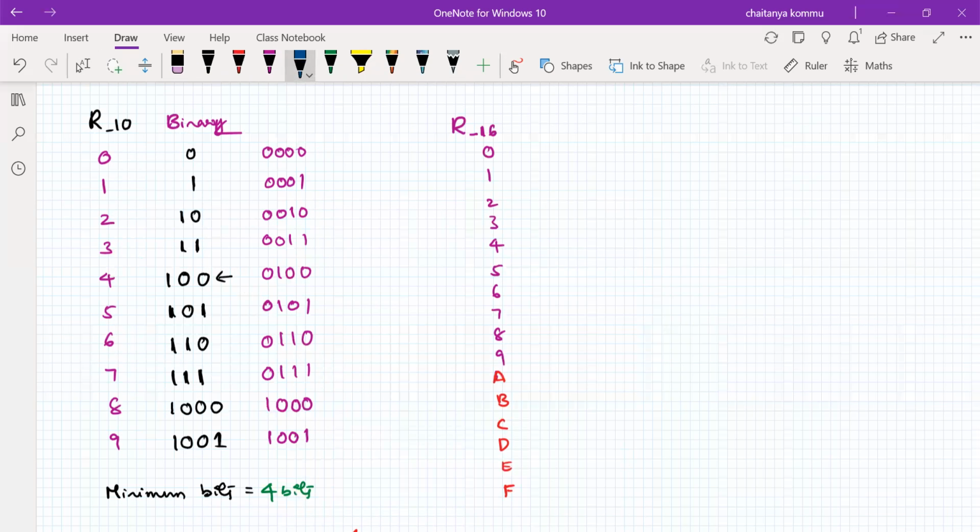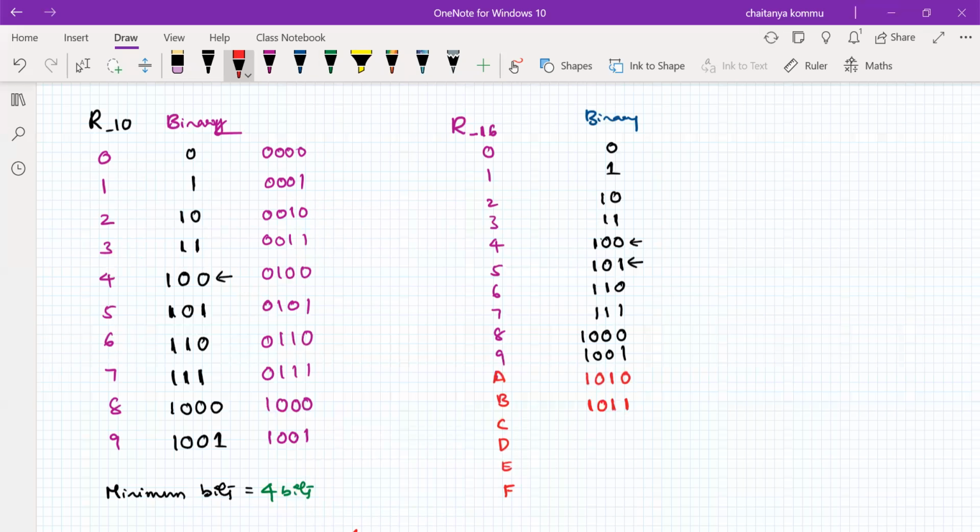So again, can we go for the methodology in binary? How do we do it in binary? 0, 1, then 10, 11, 100, 101, 110, 111, then 1000, 1001, 1010, 1011, 1100, 1101, 1110, 1111.